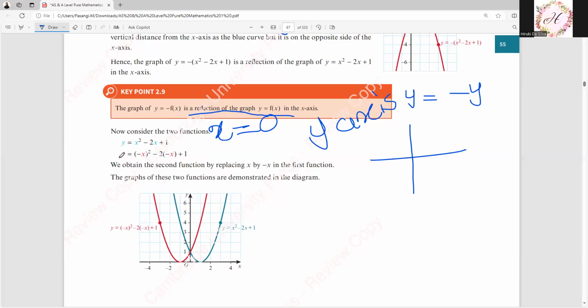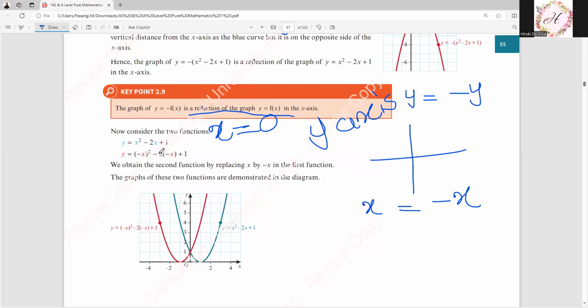For the other one, if it's mirroring along the y-axis, x should become minus x. So we just replace these x values with minus x.